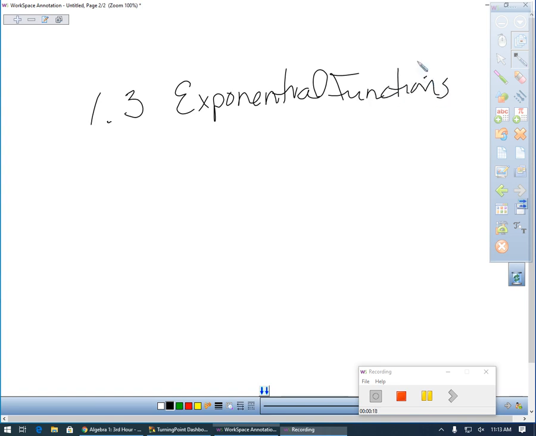So let's start by graphing or talking about an exponential function. Remember, exponential functions almost always are in the form y equals a b to the x, right?